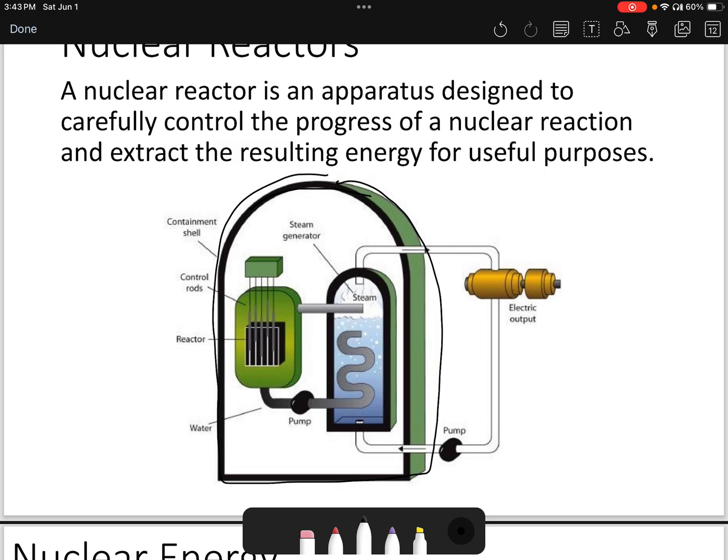And essentially we have in the middle a reactor, and as the reaction's occurring, there's going to be a lot of energy that's released, and it's going to get very, very hot. So surrounding the reactor, we're going to place some water, because water has a really high specific heat capacity.